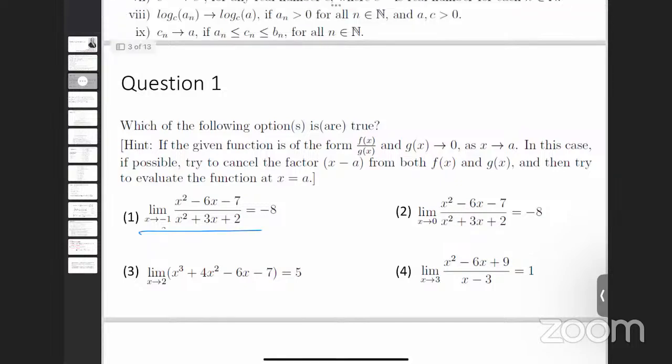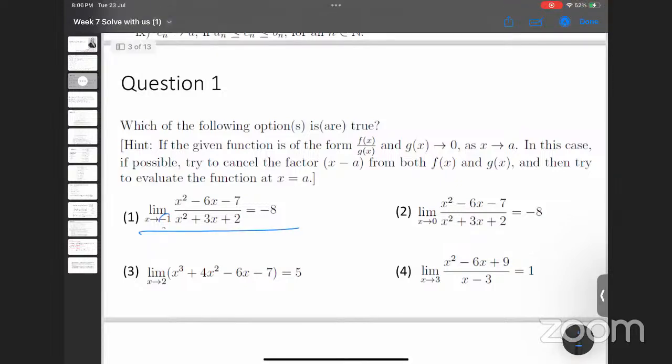Suppose for option 1, at this point the whole function is not defined, then you have to do something, maybe a factorization, so that the function becomes defined at that point. Then you just put the value here and evaluate the limit.